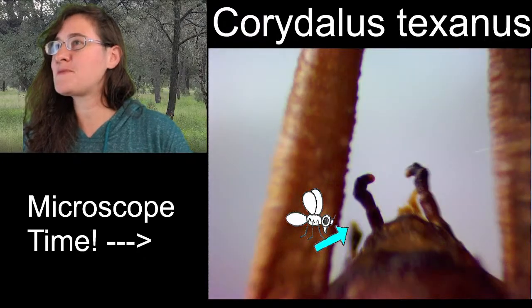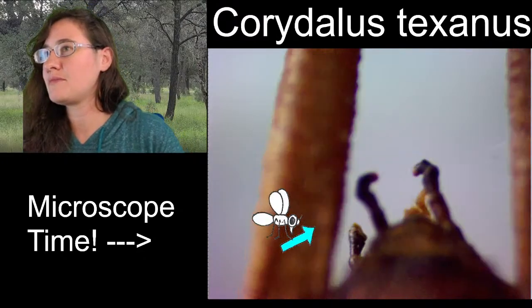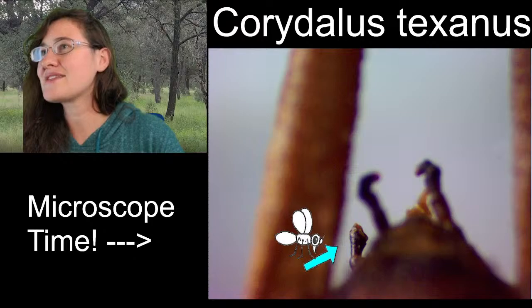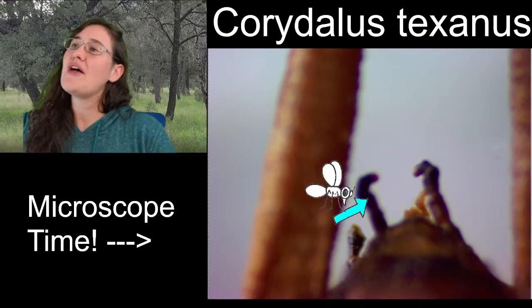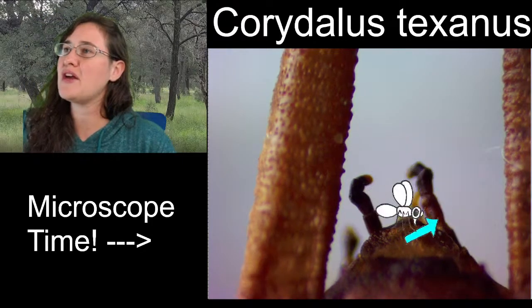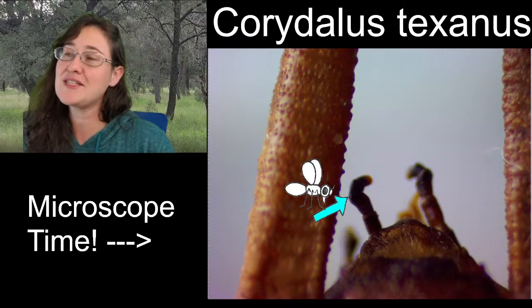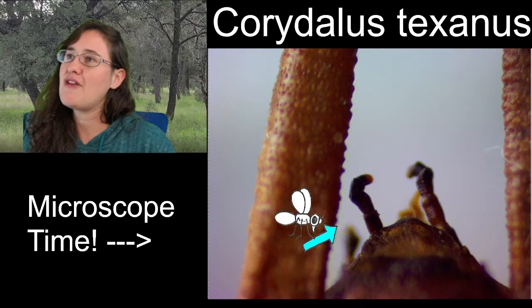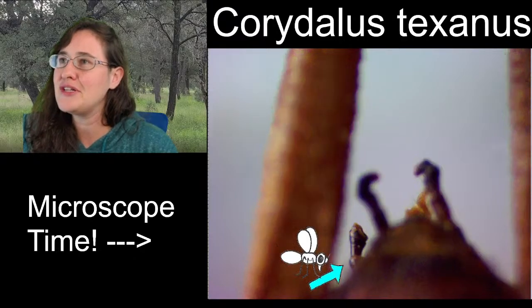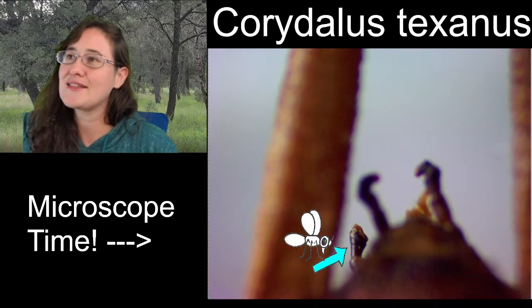Some more palps below the labrum. Yes, right here. Okay, so these ones up here would be the maxillary palps. They're connected to the maxilla. But if we zoom down, that is a labial palp.